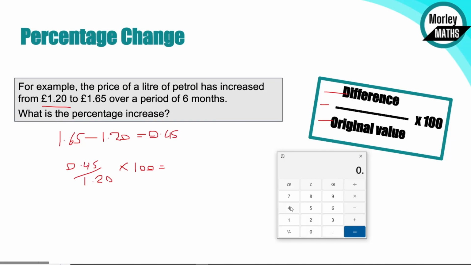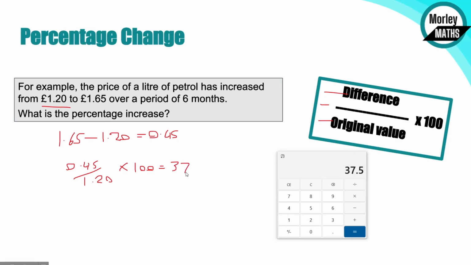We've got 0.45 divided by 1.20 gives us 0.375, times that by 100 gives us 37.5% as an increase there. So it's gone up by 37.5%. So as a quick recap, work out the difference between the two, divide your difference by the original starting value, and then times your answer to that by 100.